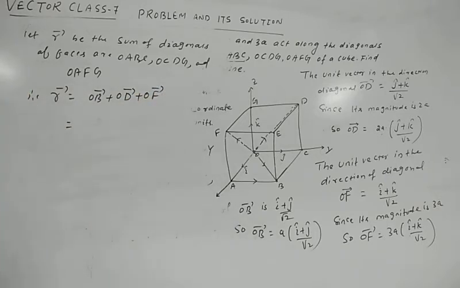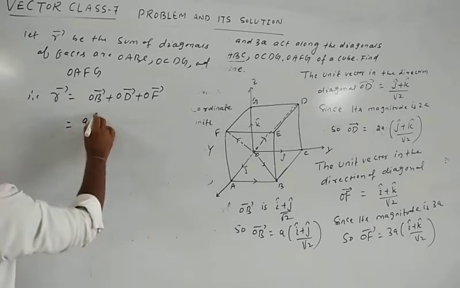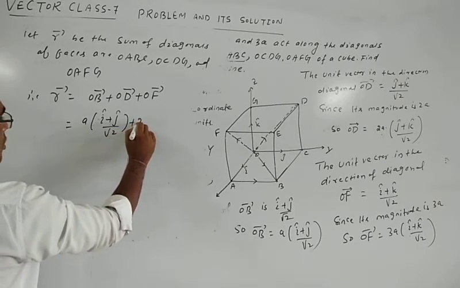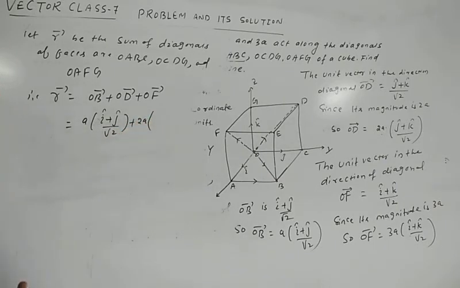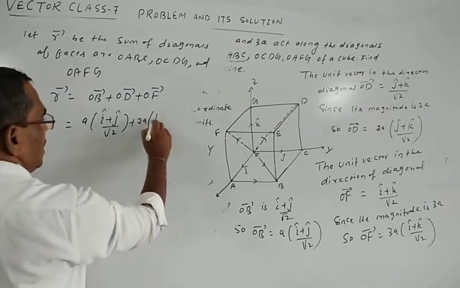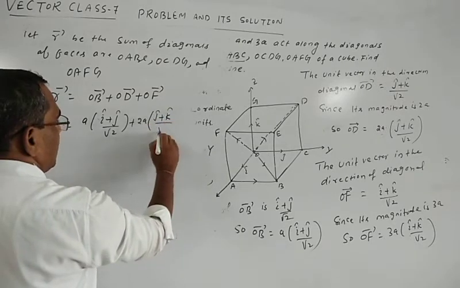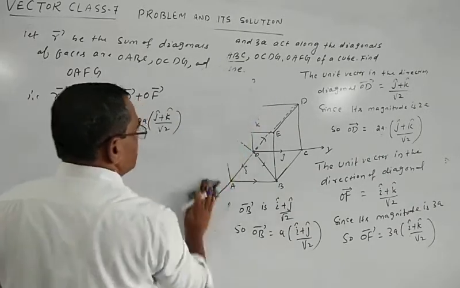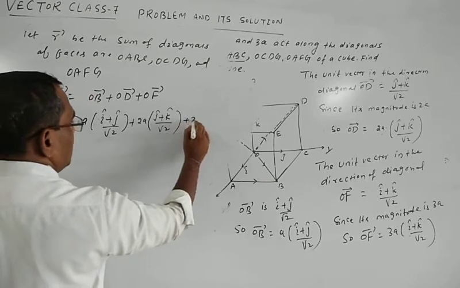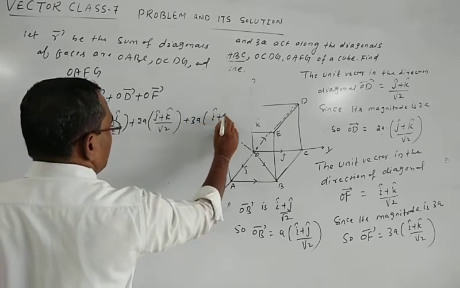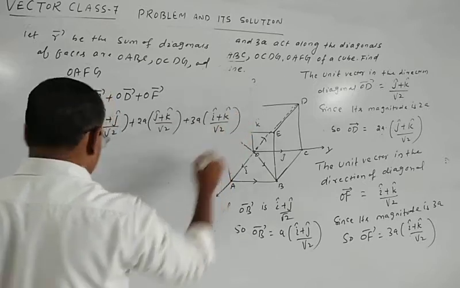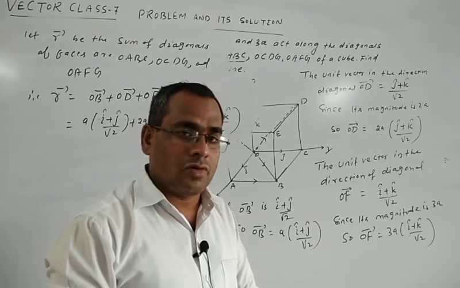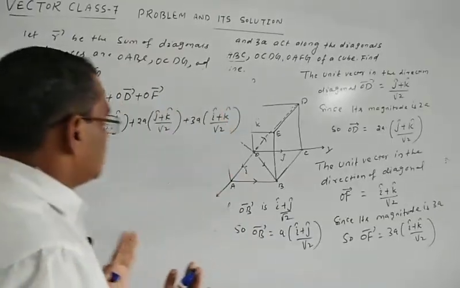So what is OB vector? OB vector is equal to a into (i cap plus j cap) by root 2, plus 2a into, what is OD vector, (j cap plus k cap) by root 2, plus 3a into (i cap plus k cap) by root 2. This is the sum of diagonals of three faces.